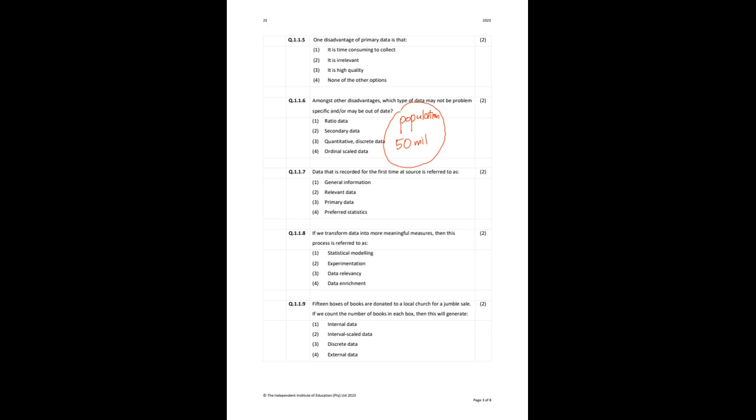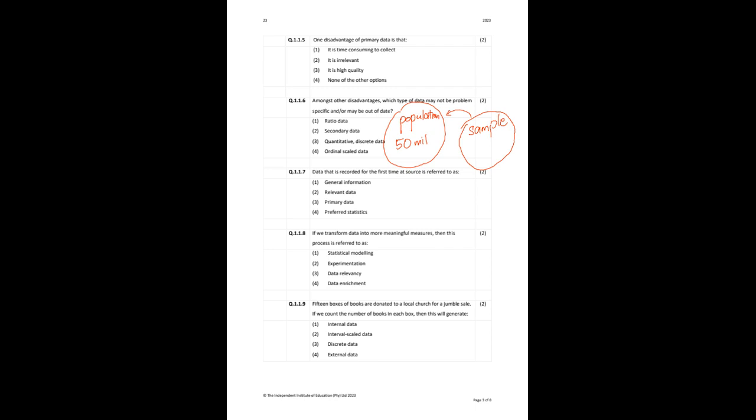Now, at all times, if any type of research is being carried out, it might not be possible to reach all 50 million people or gather all 50 million values. So as a result, we use a subset, meaning a portion of the population, which is called the sample. So this sample is drawn from that population. So it's a representative of the population from which it is drawn.